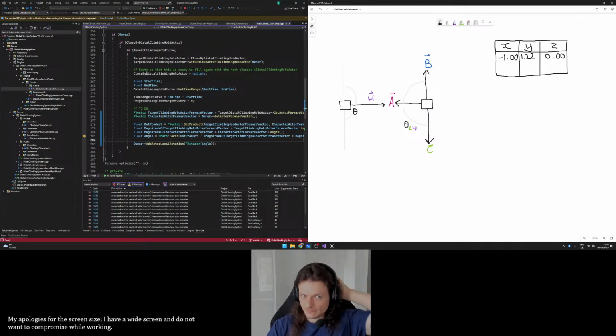Okay, and the character forward vector is -2.2, -1 and 0. And this is going to be the hold's, and this is the character.